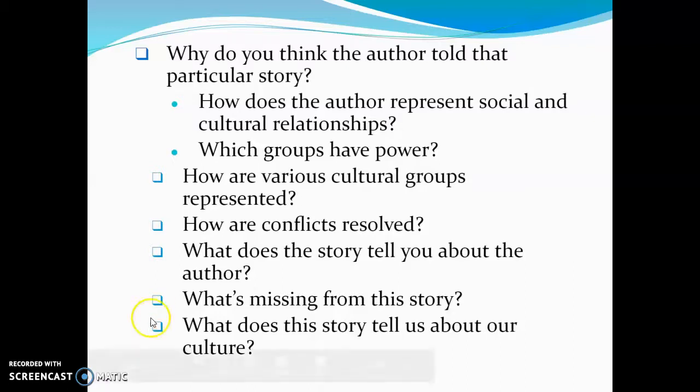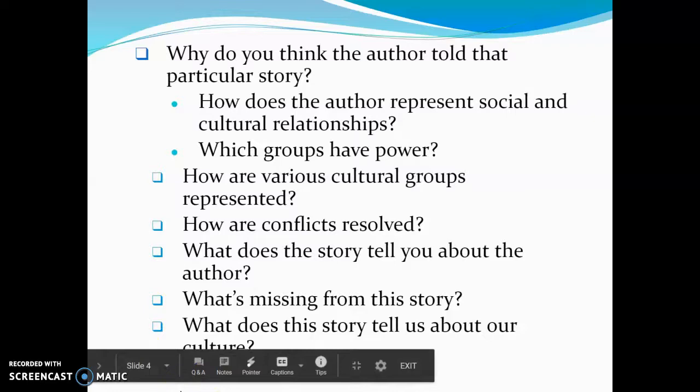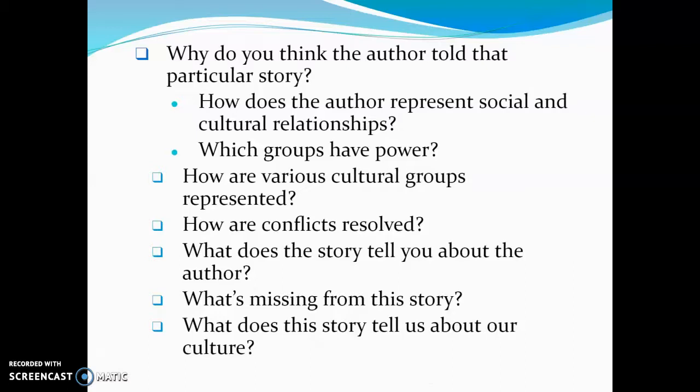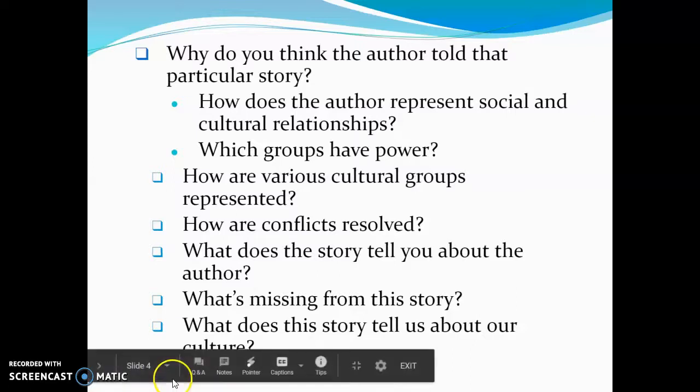and what it tells us about ourselves and our culture. So if we had been studying the Industrial Revolution, when we went to factories in our country to create products, and then unions were created, and which groups had power within these factories, and we were studying that in history or social studies, we could read a picture book like this and problematize it with this line of questioning to have it be a springboard for discussion about that particular content.